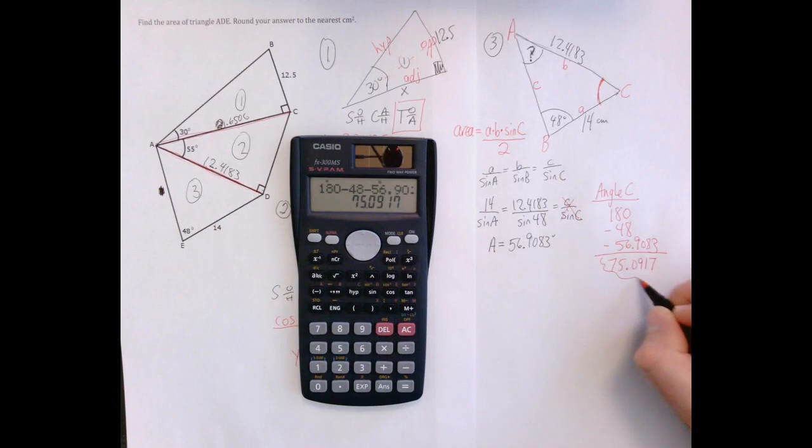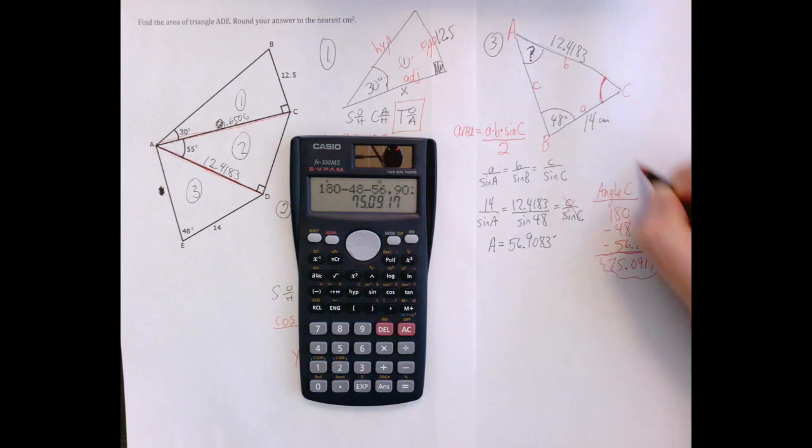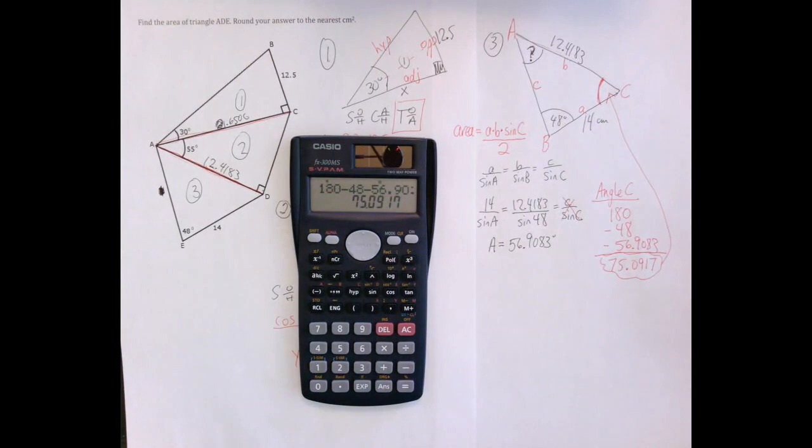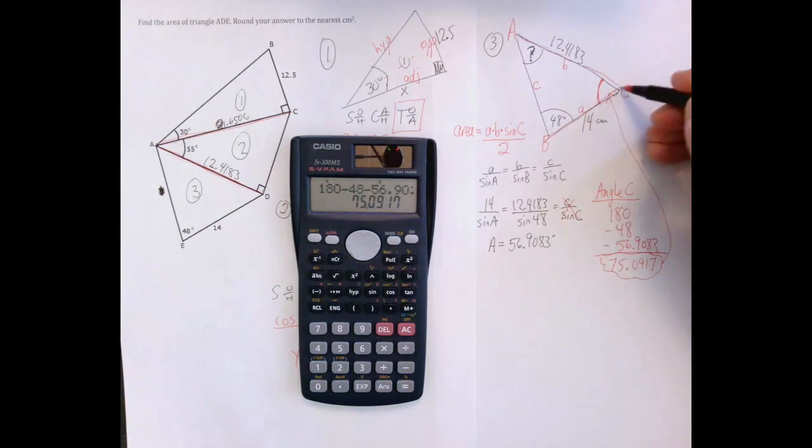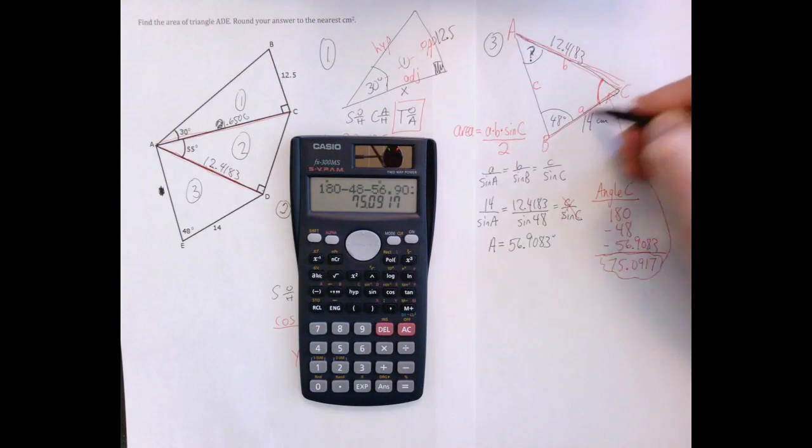So this is the measurement for the angle right there. And now that I have this angle and the two sides that meet at that angle, I can find my area.